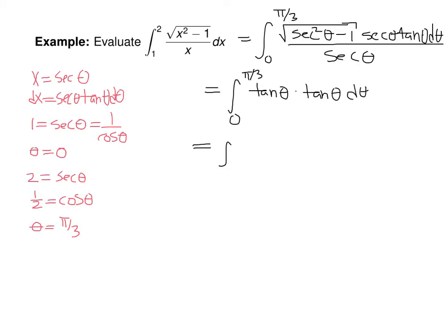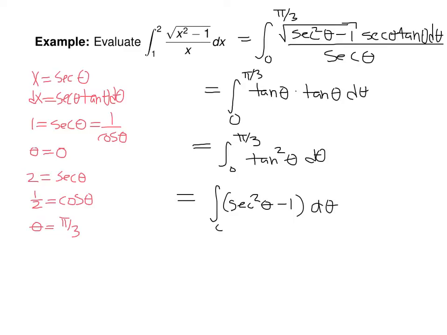So the integral from 0 to pi thirds of tan squared theta d theta. And just as before, tangent squared theta is equal to secant squared theta minus 1. We anti-differentiate secant squared theta, we end up with tan theta minus theta, evaluated from 0 to pi thirds.